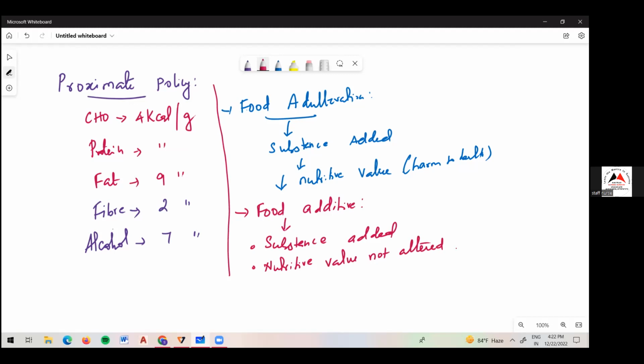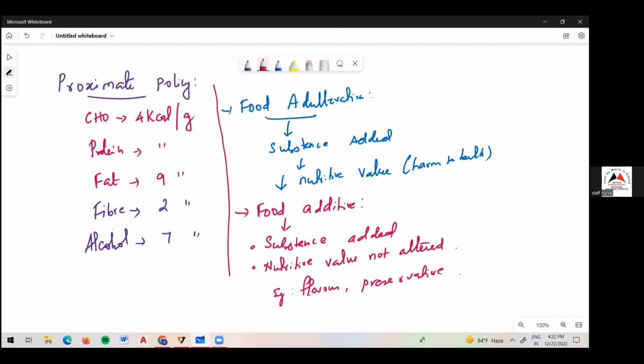For example, flavors and preservatives. We are adding some flavor, some preservative, so the food gets color and preservation, but the nutritive value does not decrease. Food adulteration means adding substances that reduce nutritive value.